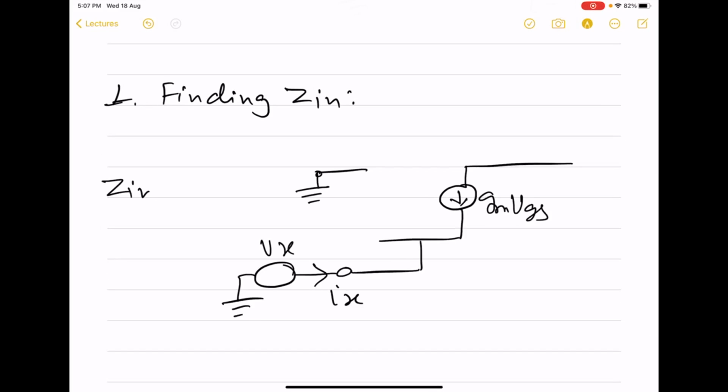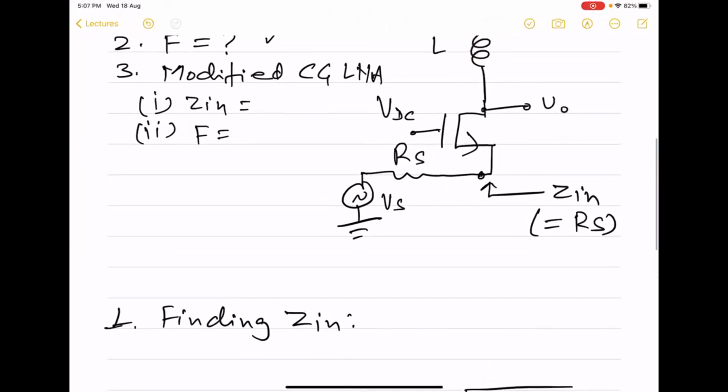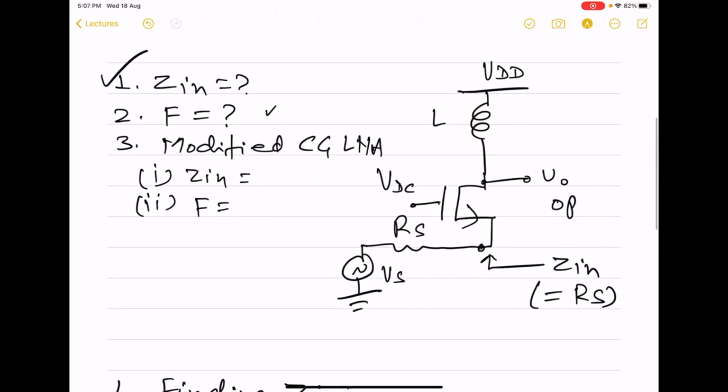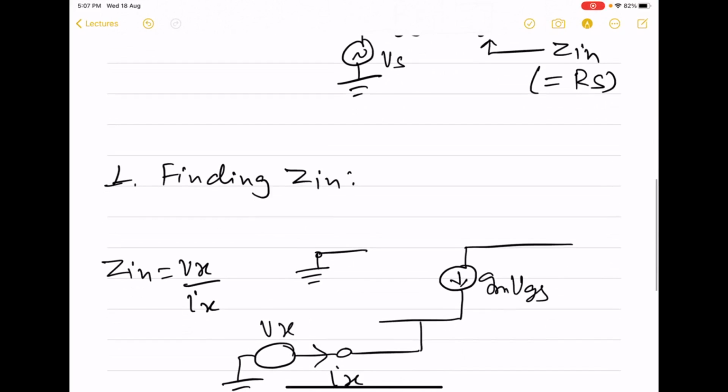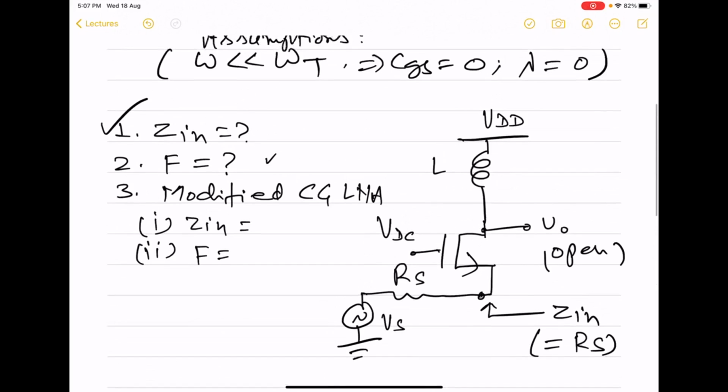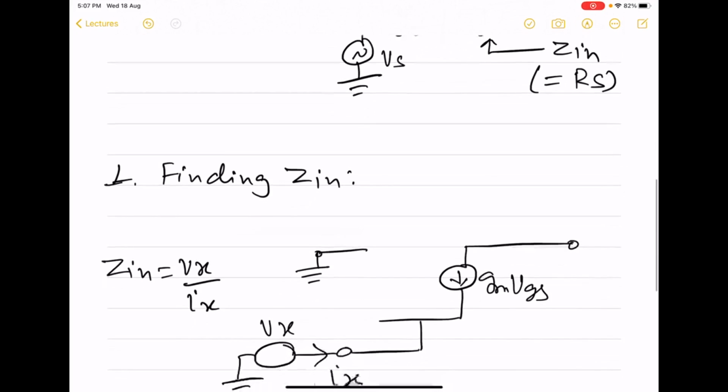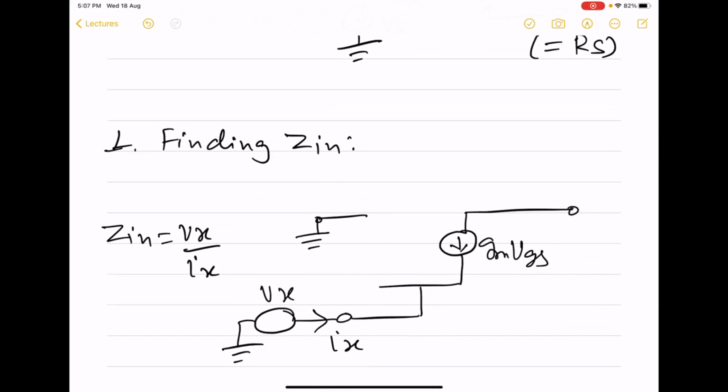Zin is going to be Vx by Ix. Here, if we keep this output port open, then we have an open because this inductor is large, and the reactance offered by it will be large, and it will not allow any current to flow through it. So this Ig will have no path to flow, and in this case we will not be able to proceed.